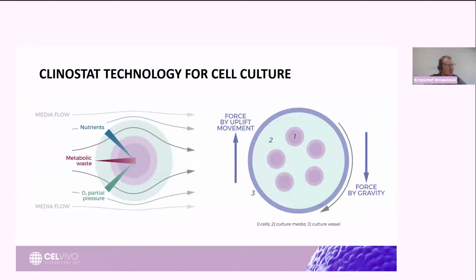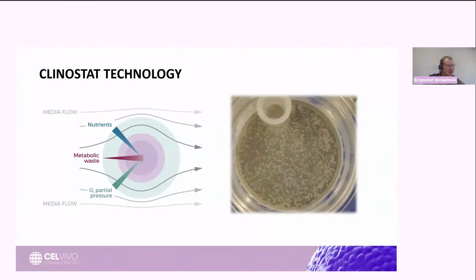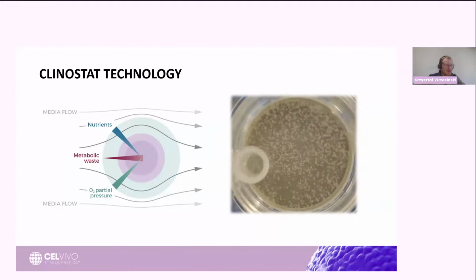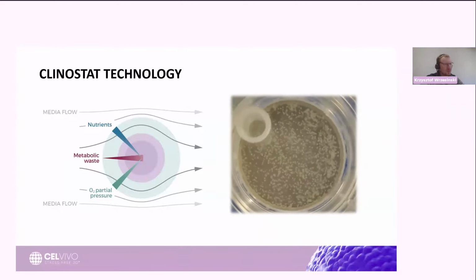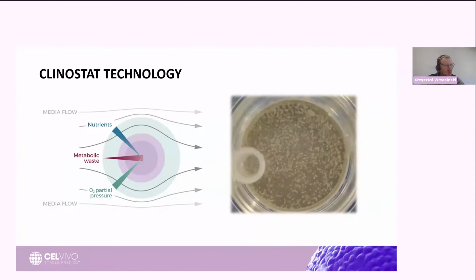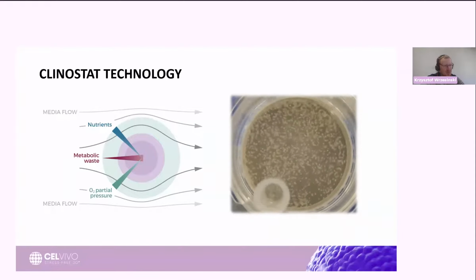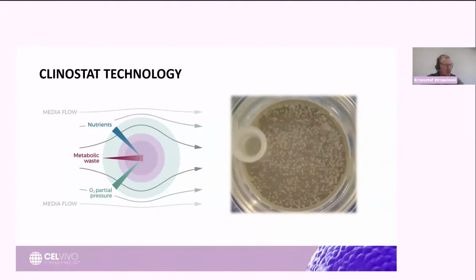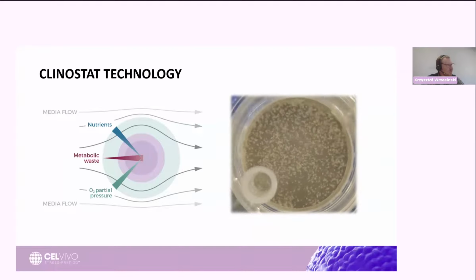So, to those who see the system for the first time, our system utilizes ClinoStar technology, where we remove the diffusion depletion zone by using a gentle rotation of our vessel. This rotation removes the depletion zone, but as the vessel is completely filled with liquid, we are not creating turbulence, so we are not increasing the shear force.